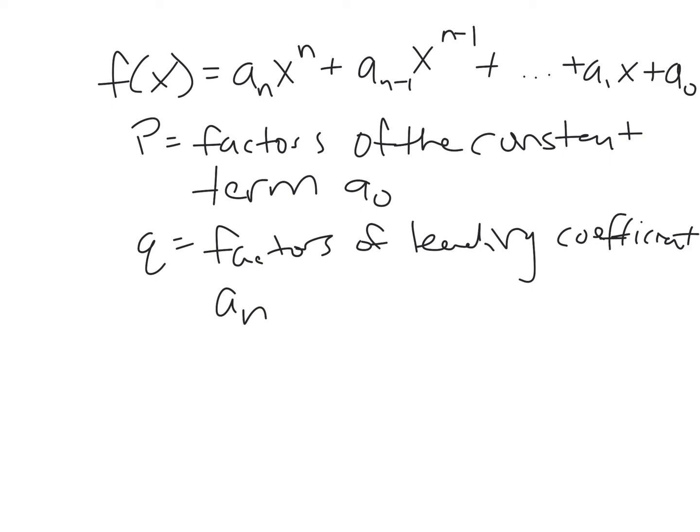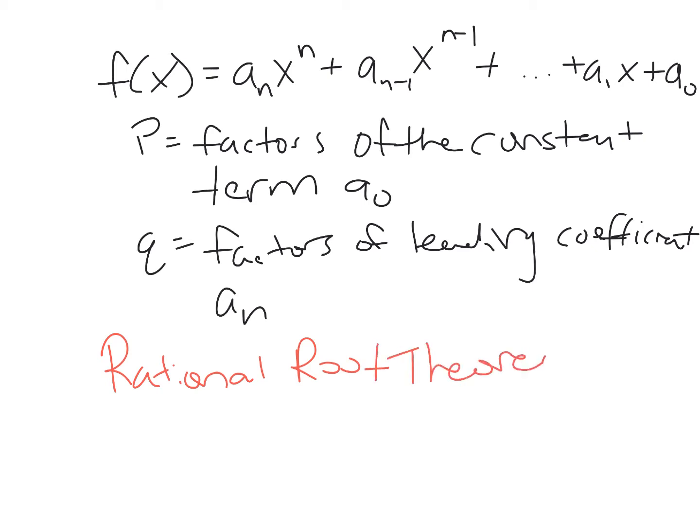All right, so here, this is called the rational root theorem, okay? Rational root, not root theorem. And let's say we have this polynomial function up here, right? The a sub n's, the a sub n minus 1s, they just represent our coefficients of each of these terms down the line, okay?